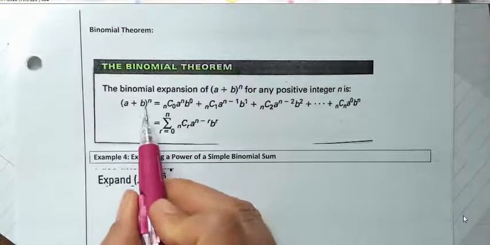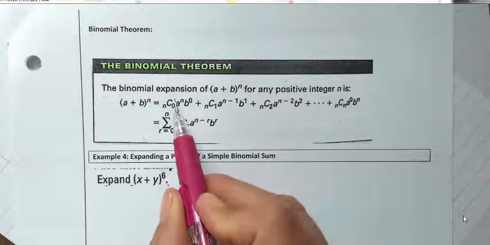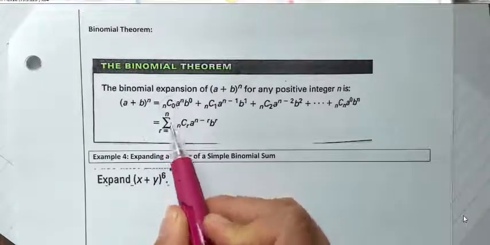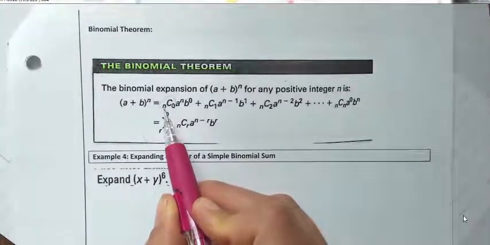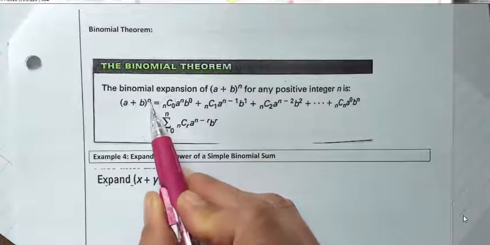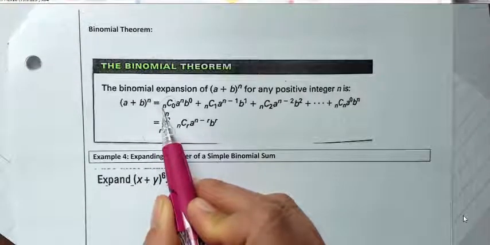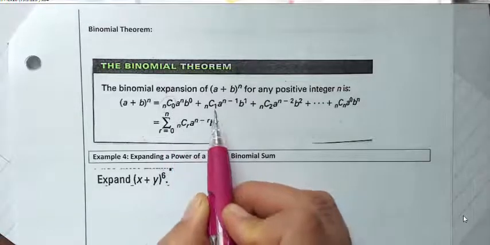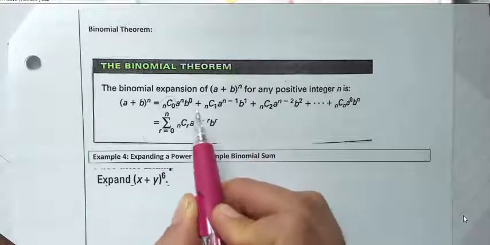For a plus b to the nth power, notice you've got these combinations here, right? So it's like whatever row you're in, whatever power you are, and then you're going to choose 0, then choose 1, then choose 2 for every coefficient of every single term.